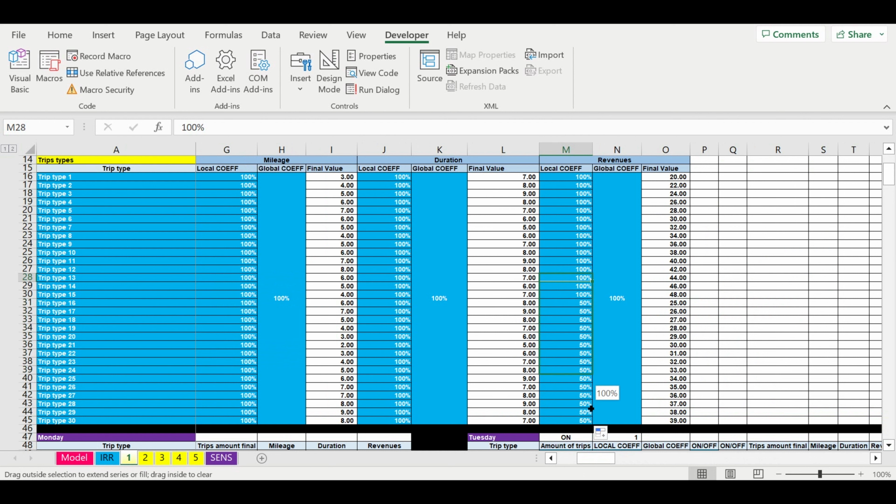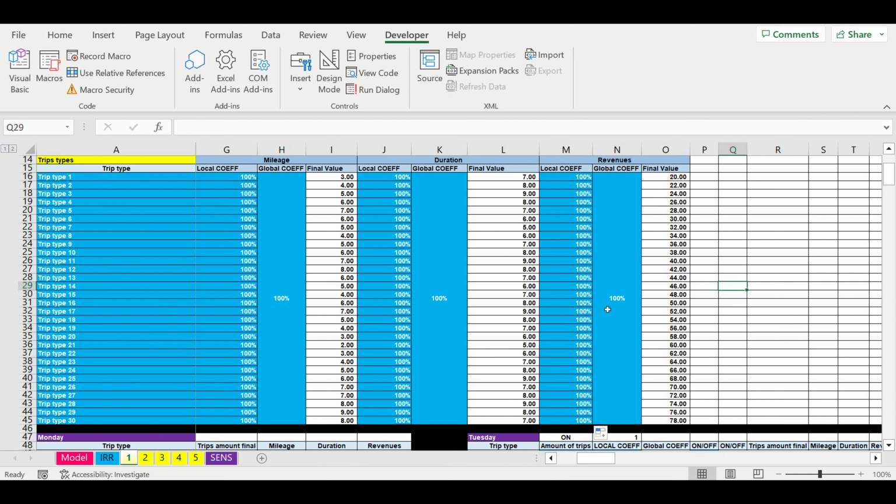So this system of coefficients allows us to see what will happen with our business idea on the macro level and micro level.